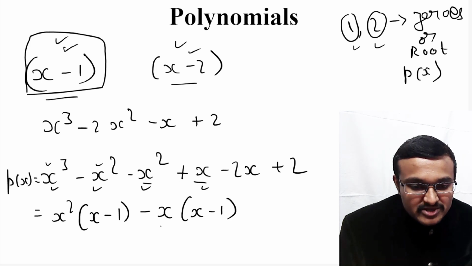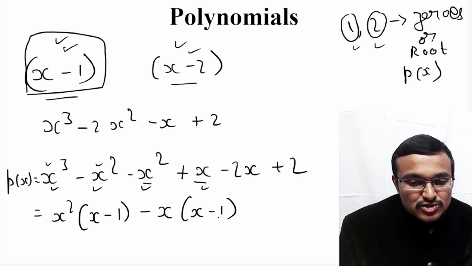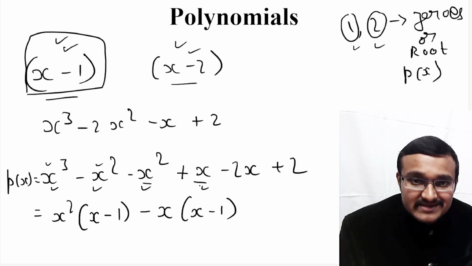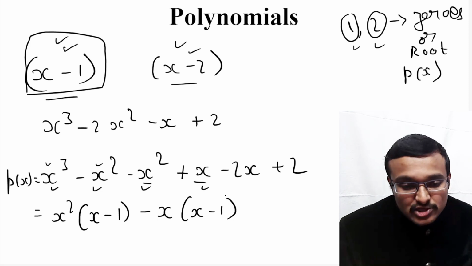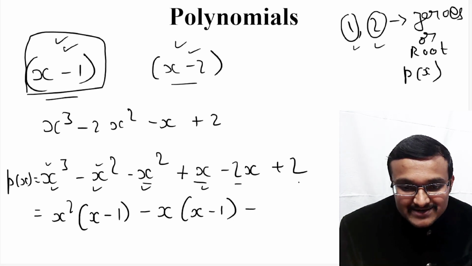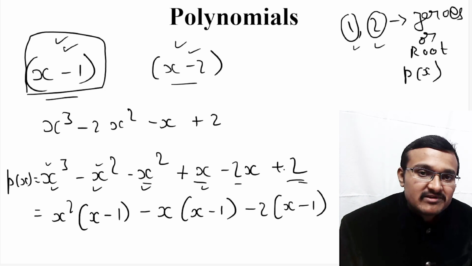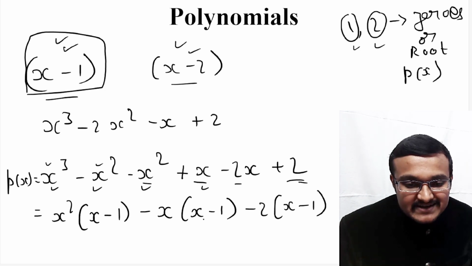So x minus 1, because minus x into minus 1, minus into minus is plus, x into 1 is x. So plus x you are getting here. So here you can take minus 2 common. When you take minus 2 common, inside there will be plus x and minus 1 remaining, because minus 2 into minus 1 will become plus 2. So that's why I can take like this.